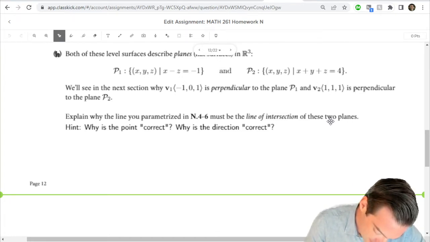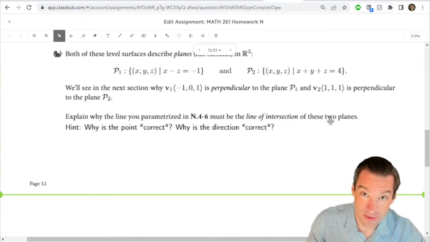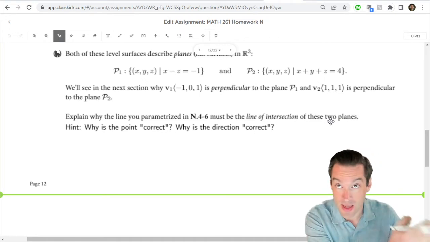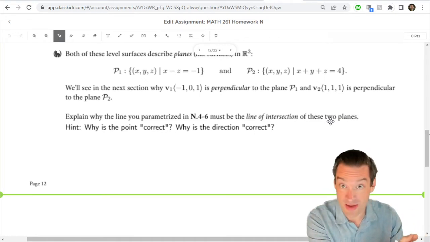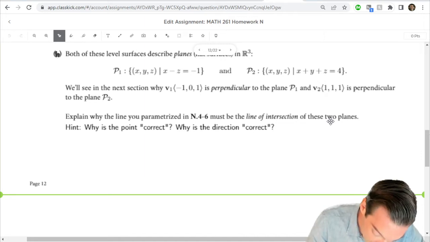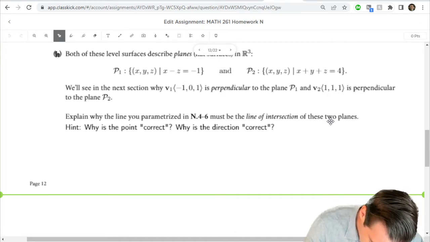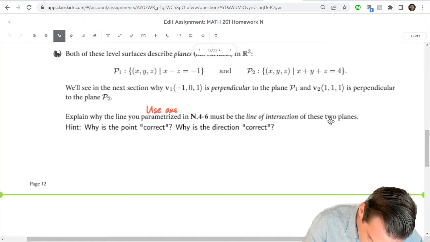If so, now I'm thinking about what did I intend when I wrote this question. I think there's a way to do this question without needing to use the discussion about lines and planes that we had that actually belongs to N5 on the homework. A more general approach to this might be to say the following, that this is the line of intersection of these 2 planes if we could use your answer to N46.